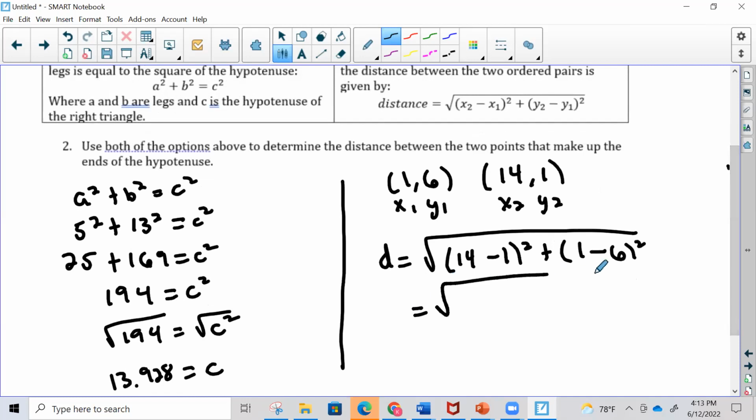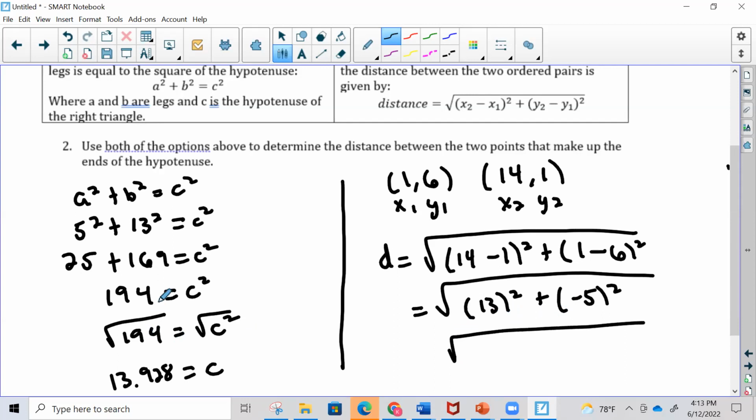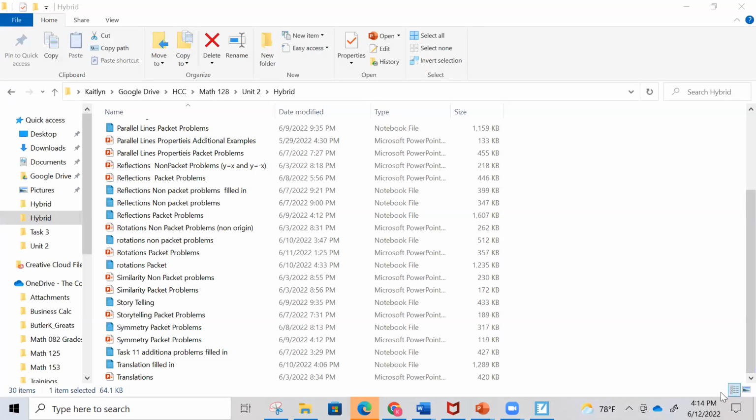Again, we do order of operations, so we do parentheses first. 14 minus 1 is 13, and 1 minus 6 is negative 5, squared. These numbers, other than the sign, should match up with what we got for our A and B, because to find A and B, you are really just subtracting the endpoints of your segment. Then just be careful with the negatives.